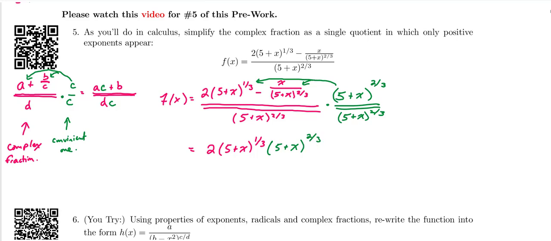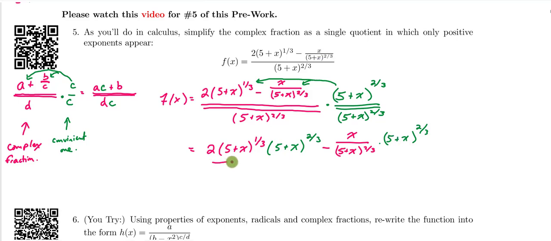Then I would have minus, then I've got the fraction x over (5 plus x) to the 2/3, and I'm distributing this numerator to that term as well, so times (5 plus x) to the 2/3. Now you won't usually see me write this, folks, but you could think of that as divided by 1 if you wish.